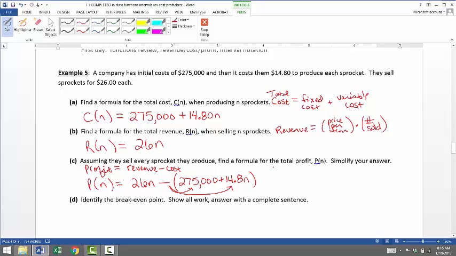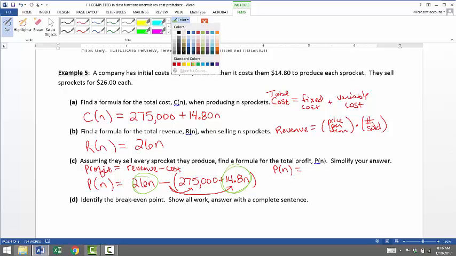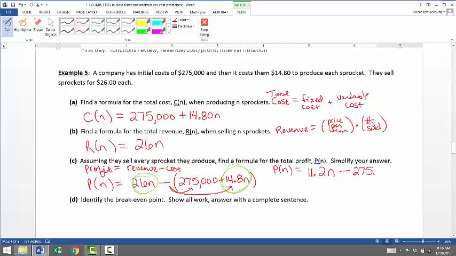So once we do that, P of n equals 26n minus 275,000 minus 14.8n. And then we see that we have like terms, 26n minus 14.8n. Those will be like terms, and overall we'll get 11.2n when we combine those together, minus the 275,000. And there's our profit function.